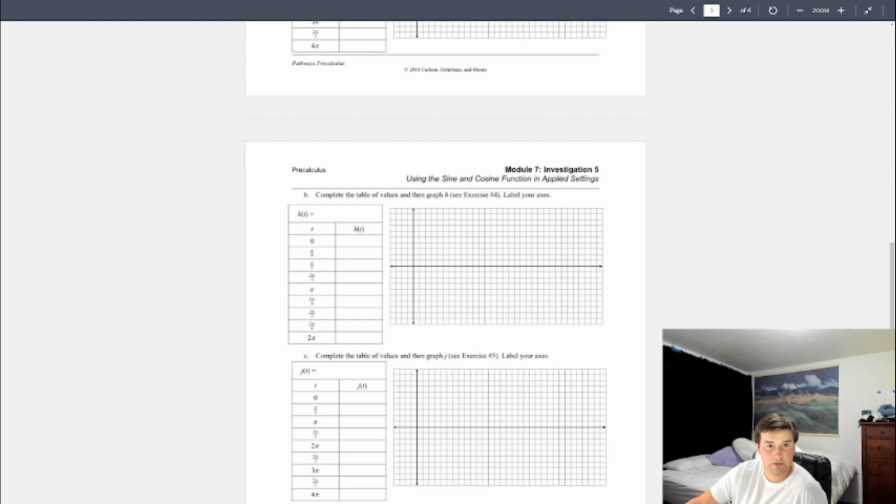So sine of 3.8 is negative 0.611. Times 2.3, negative 1.4. That's all the way over here in the third quadrant, potentially even in the fourth.